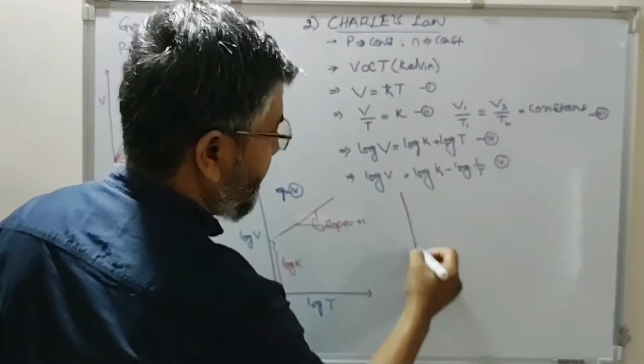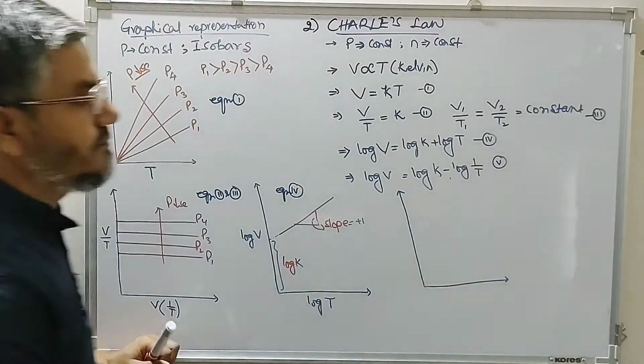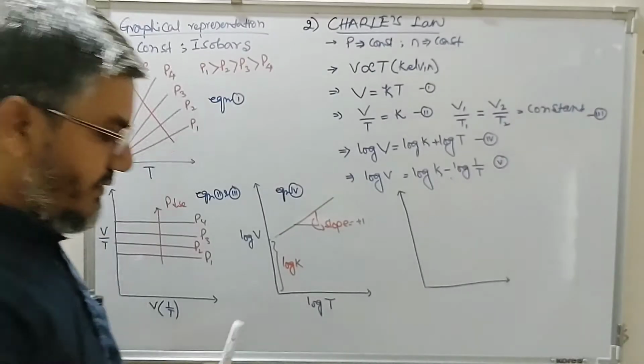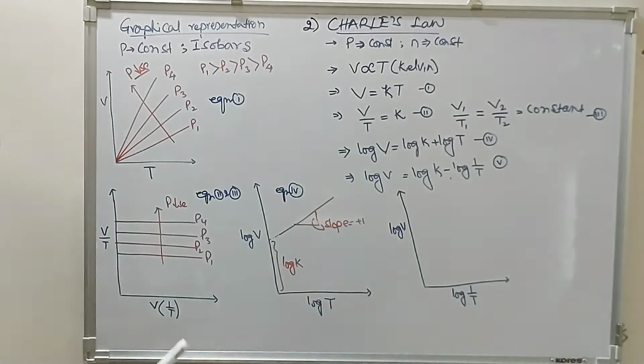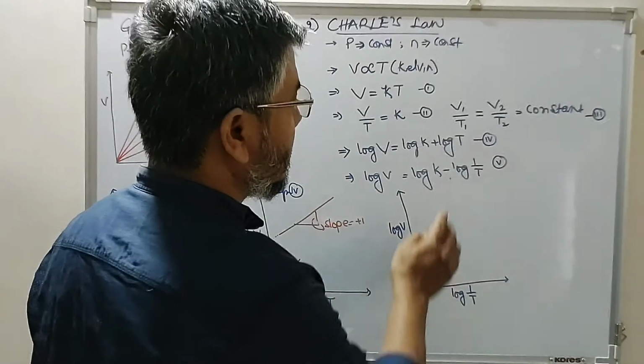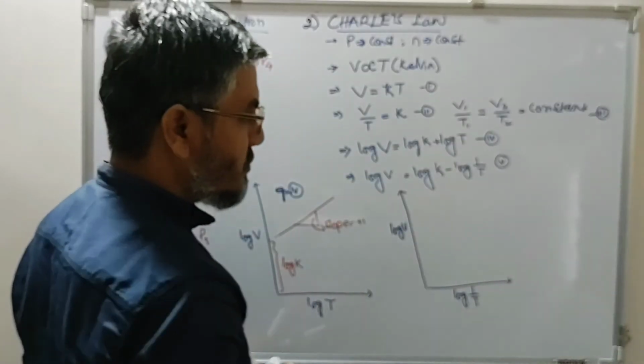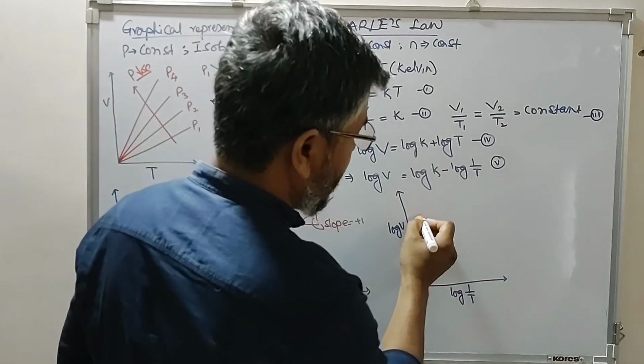And finally equation 5: log v versus log 1 by T. Again, if you look at this, the slope is -1, so we have a decreasing slope.